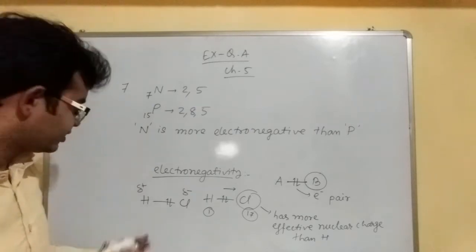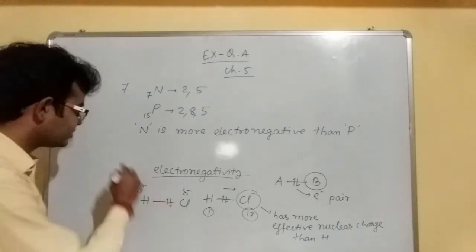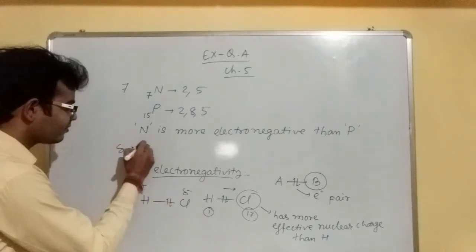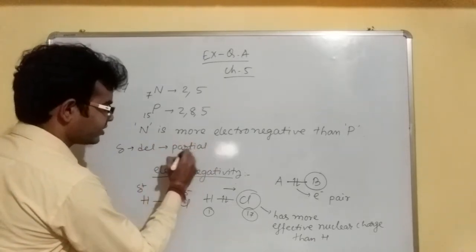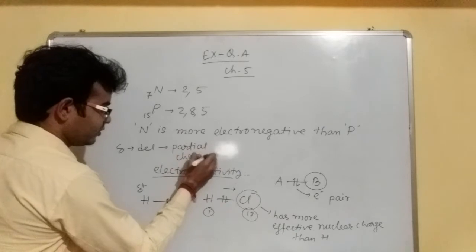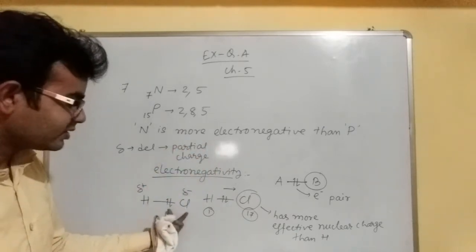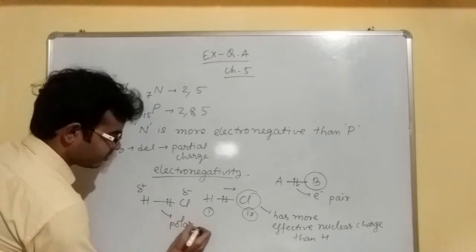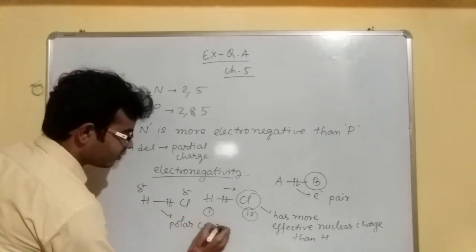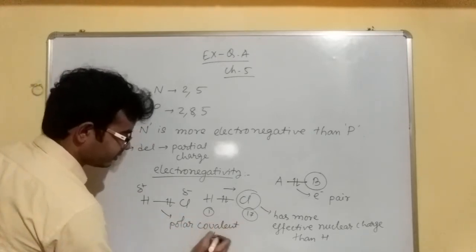That's why they get partial charges. This sign, delta, represents the partial charge. So this type of covalent bond is called a polar covalent bond.